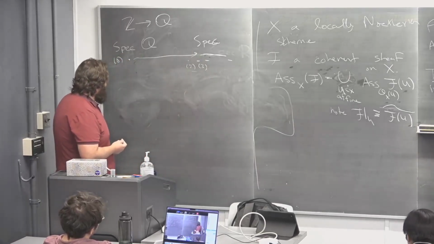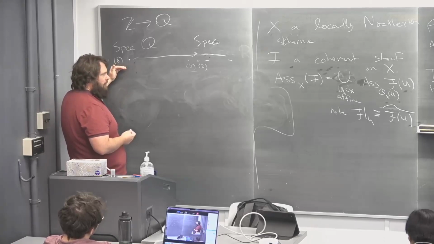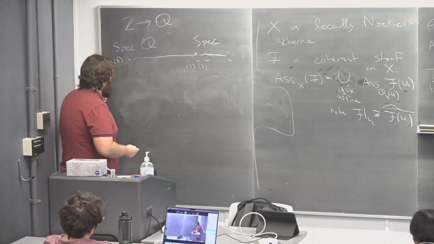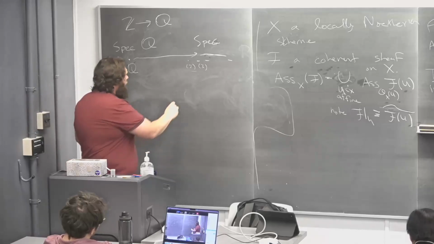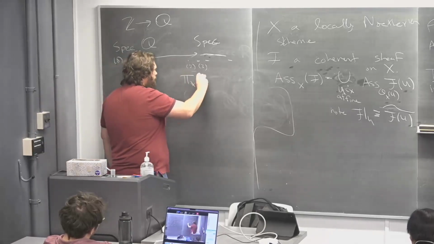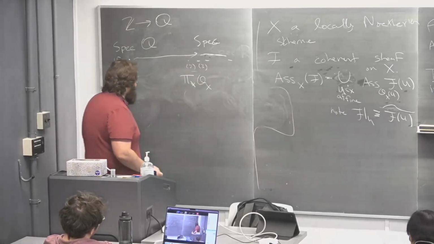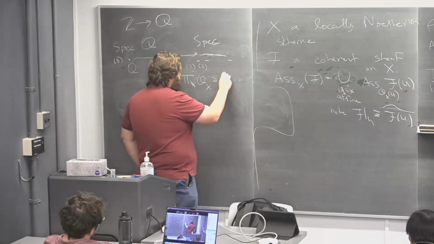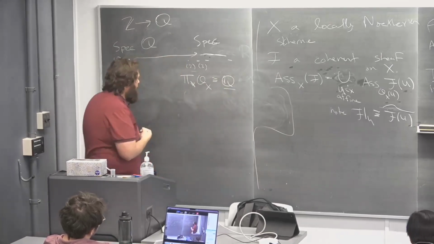If I want to be very careful, what happens when I push forward the structure sheaf on Spec Q? Its sections on the unique point is Q. So if I take this push forward of O of X, it's just Q on all non-empty open subsets.